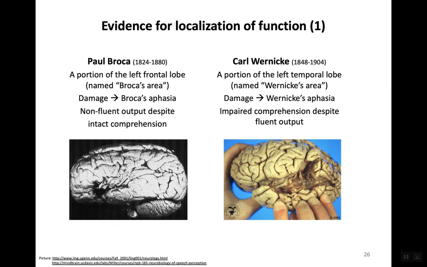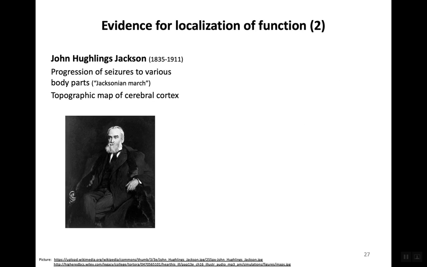But clearly, this speaks to much more than just language. This is a very clear illustration of the idea of localization of function. So can we find equally compelling cases of function localization for other types of abilities, let's say movement?